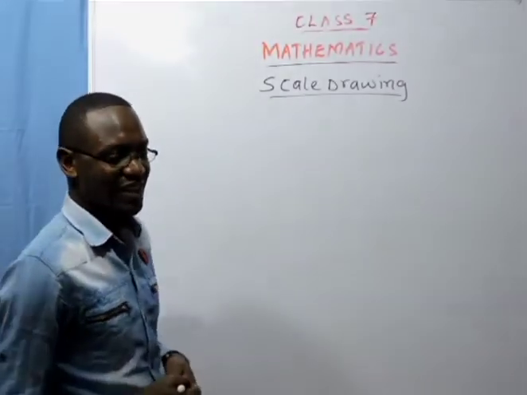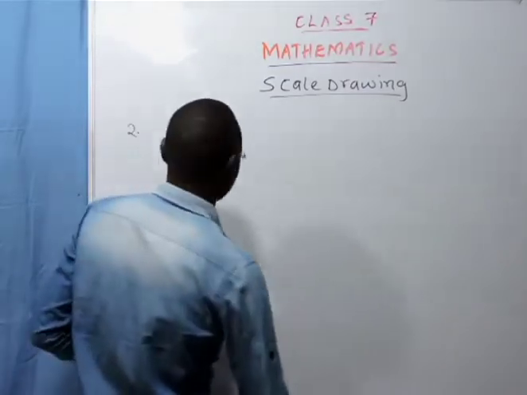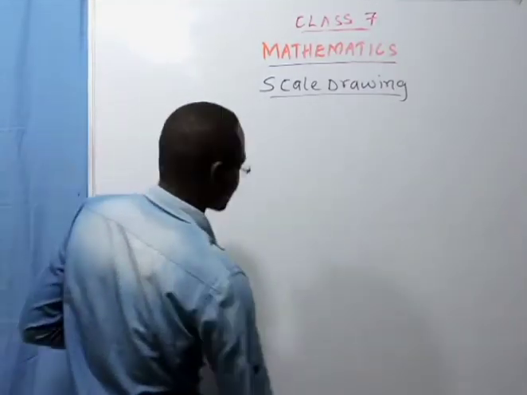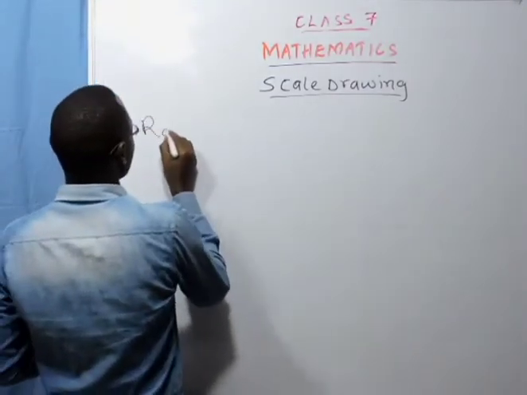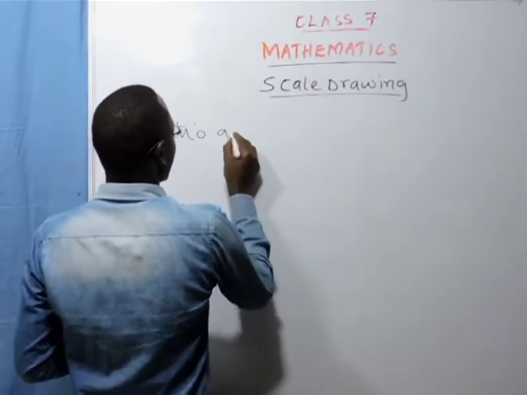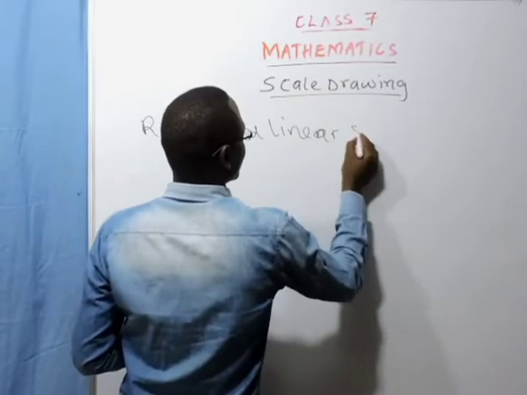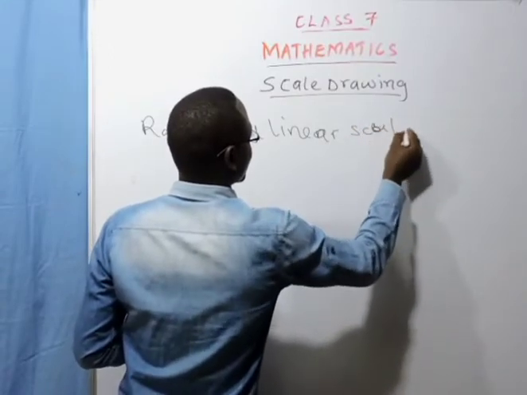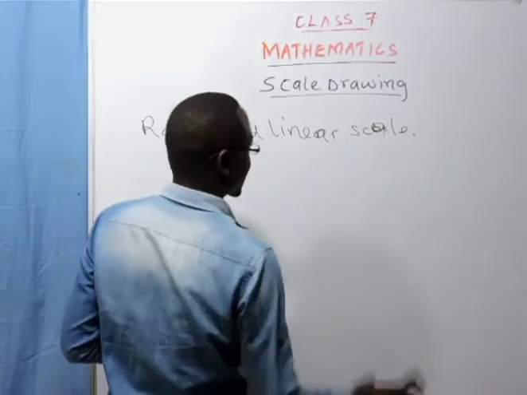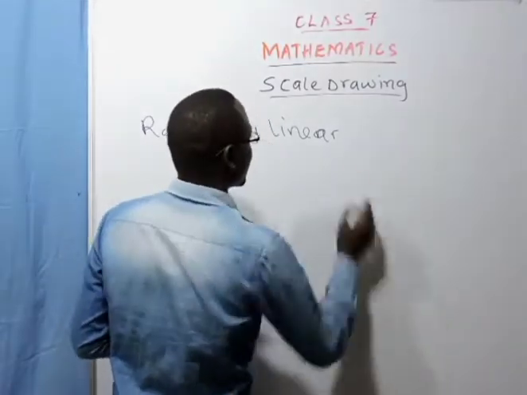And scale is given in linear form, in statement form, and in ratio form. Linear form is the scale that you write as a statement.